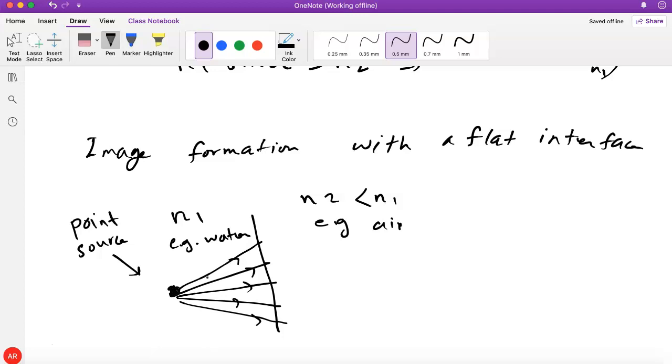So what's going to happen? Well, as these rays enter air, this second medium, it has an index of refraction that's smaller than n1. So they're going to somehow bend away from the normal. The normal one just continues, right? But this one bends a little bit away from the normal. And this one also bends a bit more away from the normal.